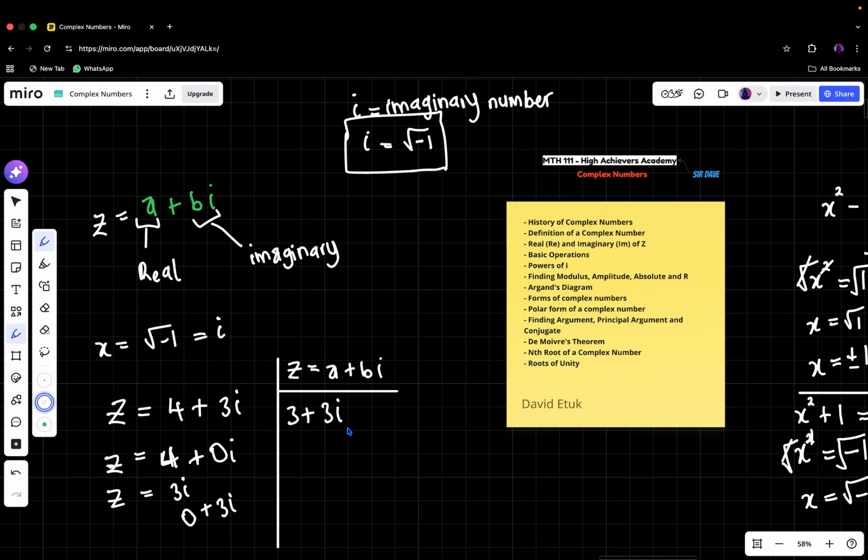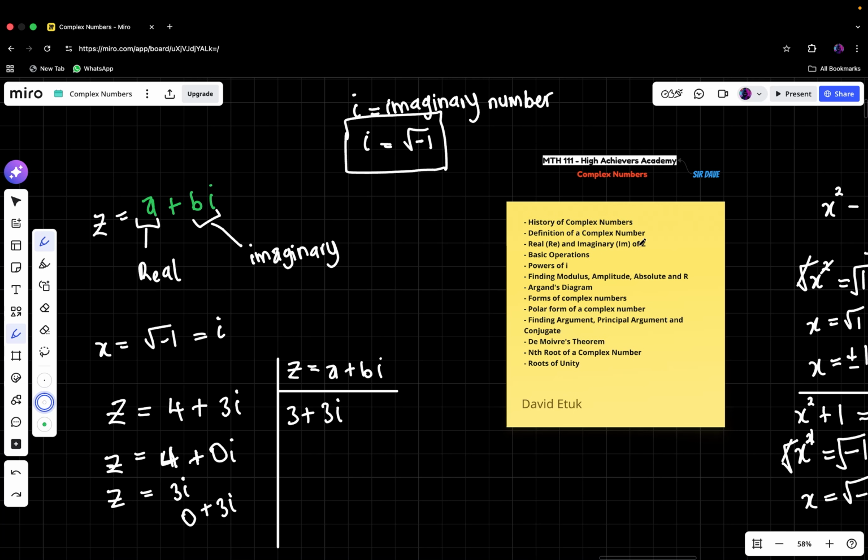This is an imaginary part. This is a real part. They can't take part together in any kind of basic operation. But there's something we can use. We can add, we can subtract, all those basic operations. We can still perform them, but not in the same way. We'll take a look at how we can perform these basic operations.